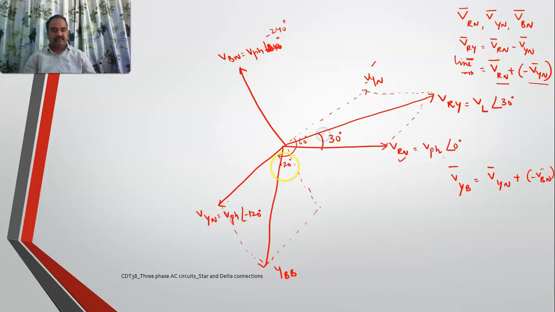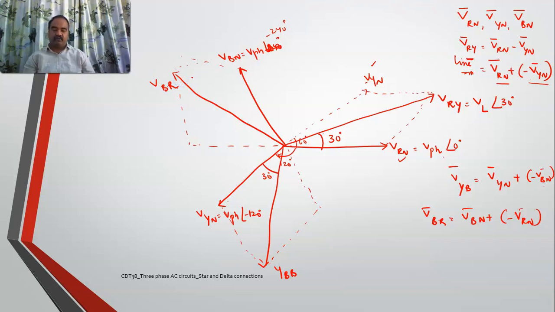From 120 it will be 90 degrees, so this will be 30 degrees ahead. Now if I want VBR, this is VBN plus minus of VRN. This is minus VRN. If I join these two, this is VBR. So this is the way we draw the line voltage and also the phase voltage.